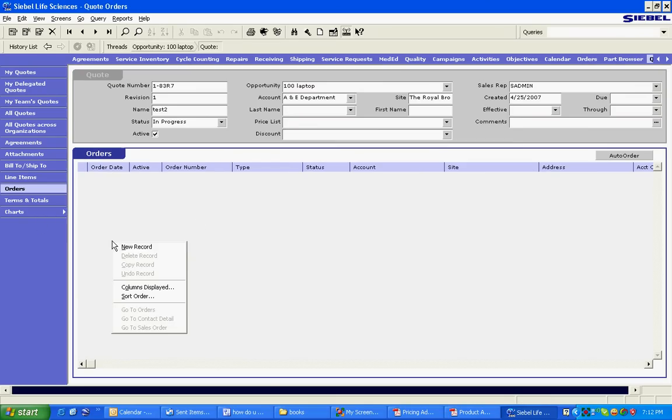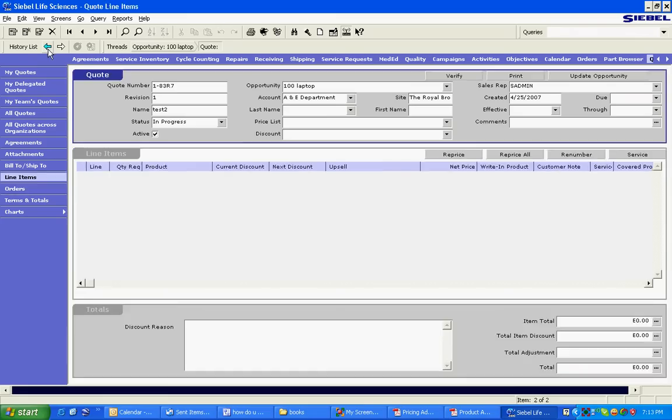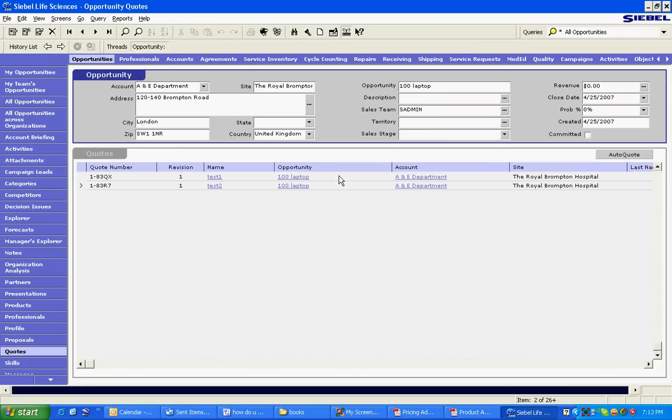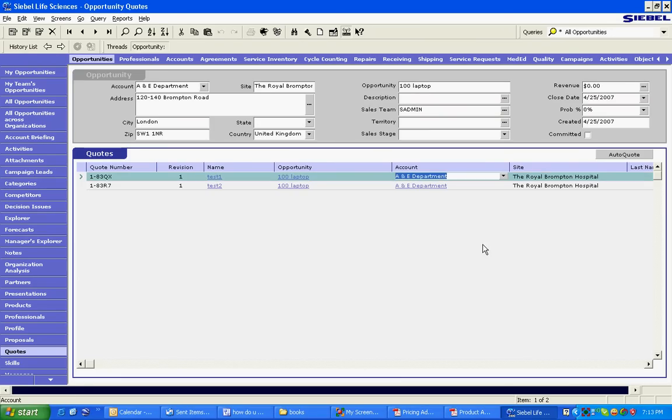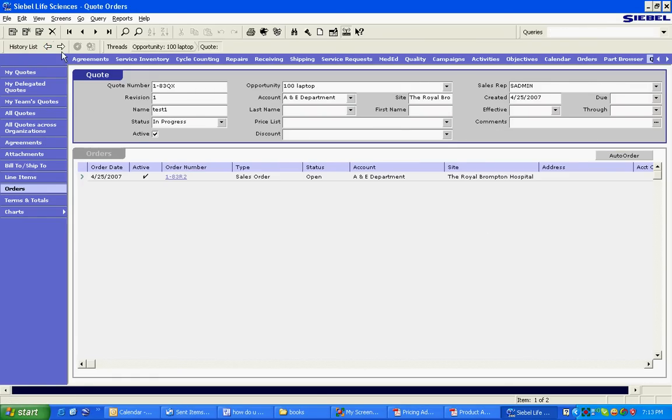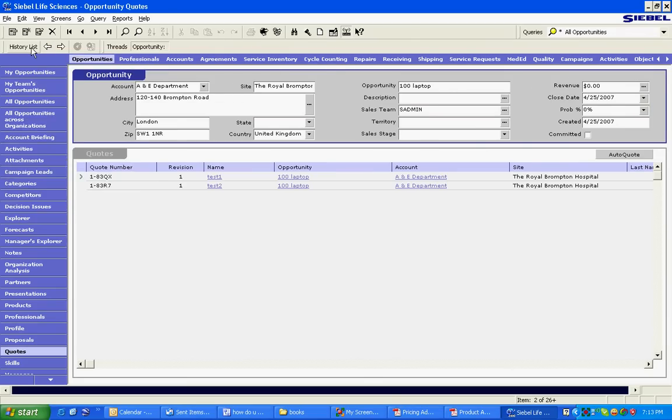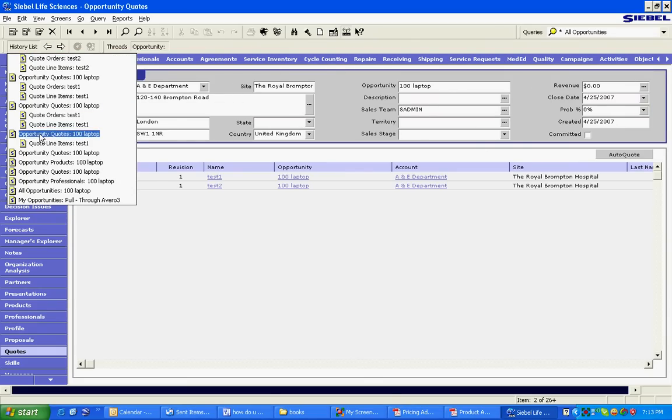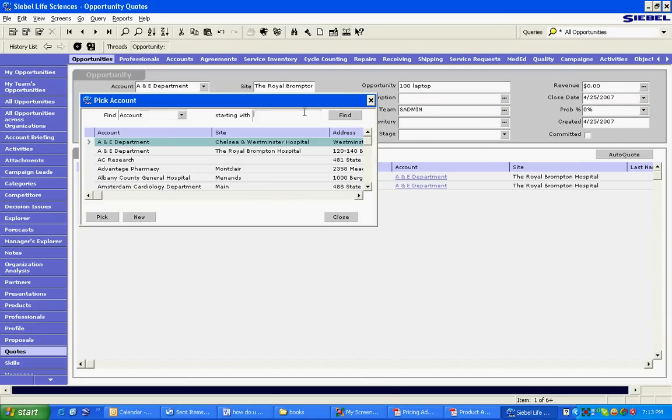For this whole sales process to work, accounts have to be set properly. This account information that he picked in the beginning has to be picked. Contact information we also entered at some point, if I remember correctly, in the opportunity professionals view.